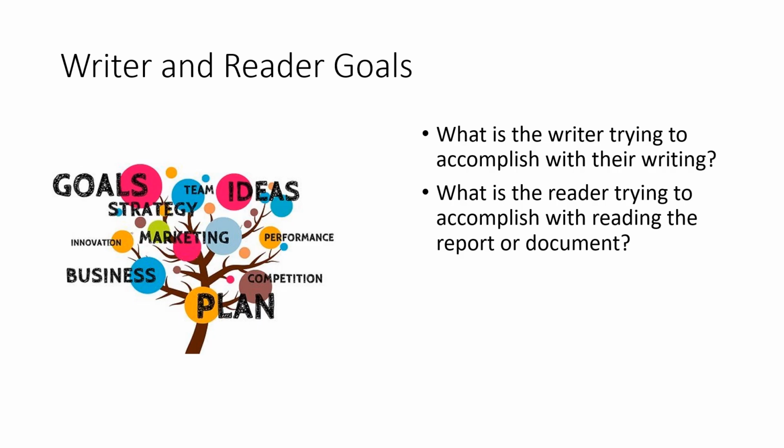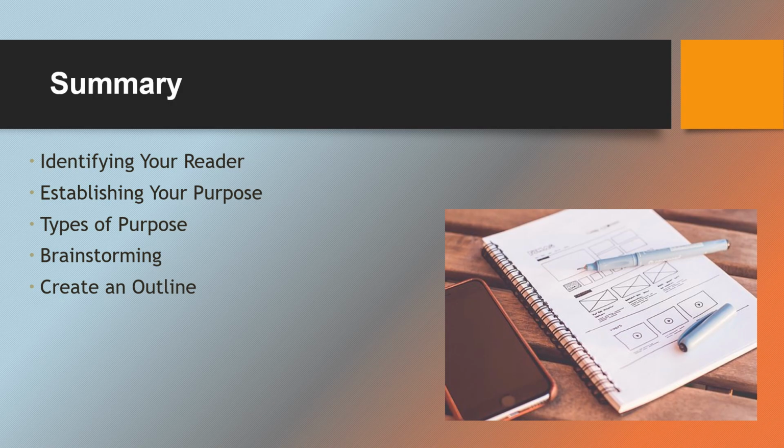Well, my boss wants information on what happened out in the field. He or she needs a document or a piece of information that has outlined what happened to our component that failed. All right, my guy says this happened. My inspector says this happened. So it just depends on what each writer and reader is trying to accomplish with that document or report when they're reading it or writing it.